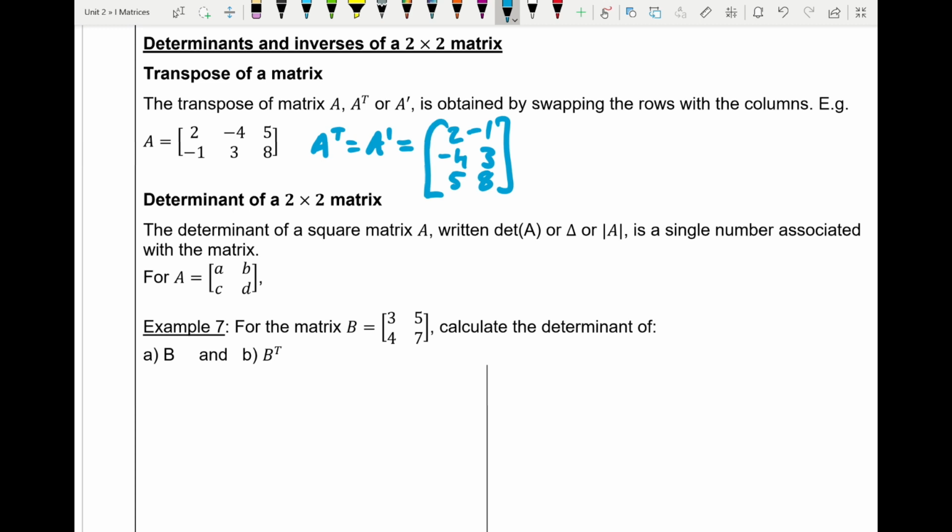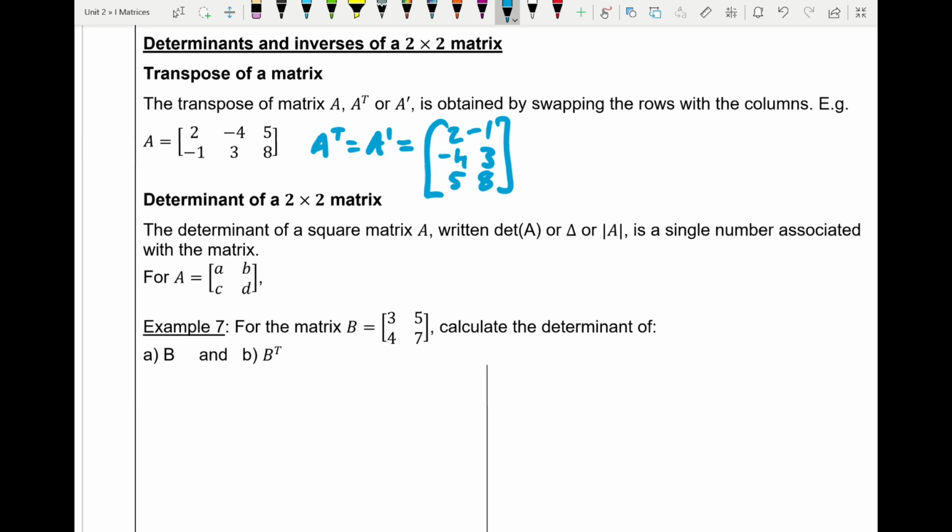So if we have a square matrix, we can find an interesting property known as the determinant. And basically the determinant tells us, is a matrix able to be inverted? So can we find a multiplicative inverse that when multiplied by the matrix gives us the identity matrix? But let's not get too ahead of ourselves. It's written as det A or delta or A with absolute value bars around it.